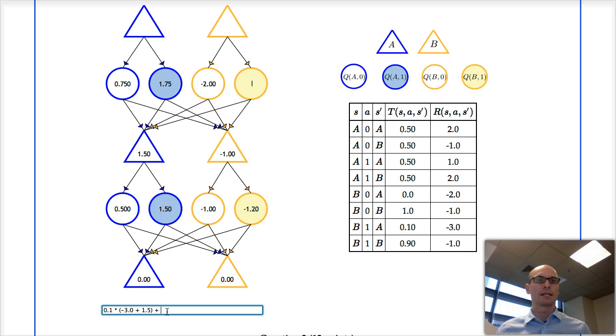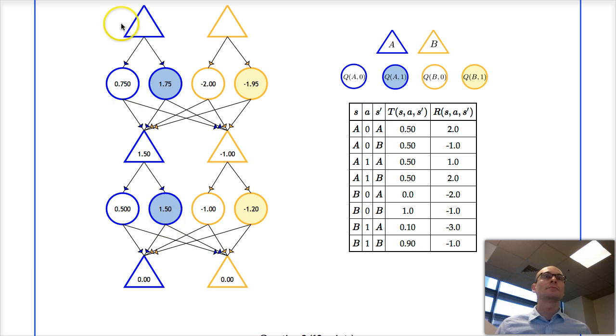And then we get with 90% chance a transition to state B, for which we get an instantaneous reward of minus 1.0 and a future sum of rewards of also minus 1.0. So plus minus 1.0.